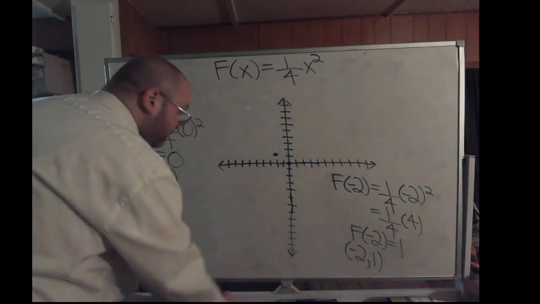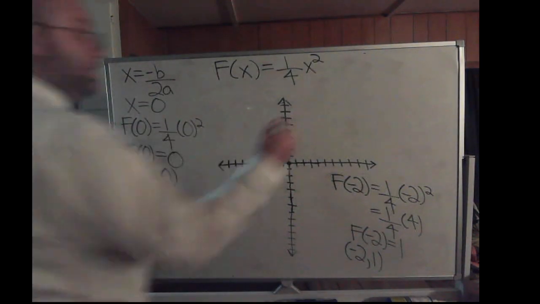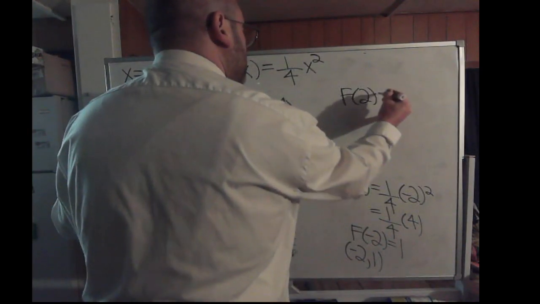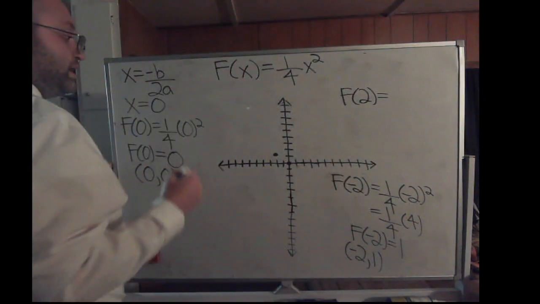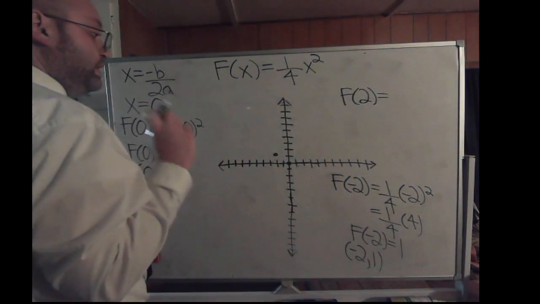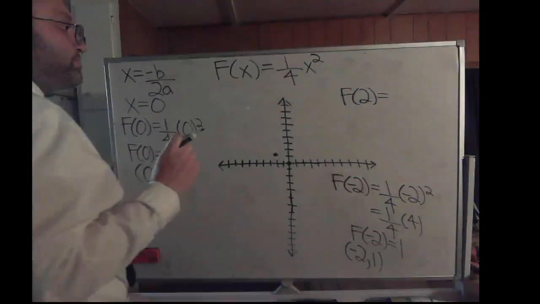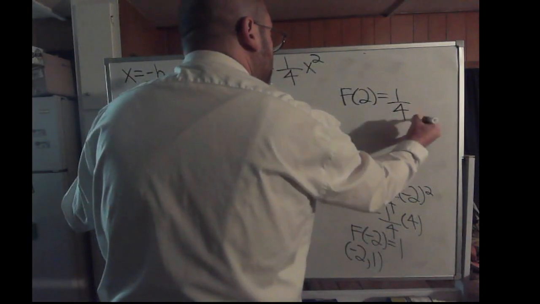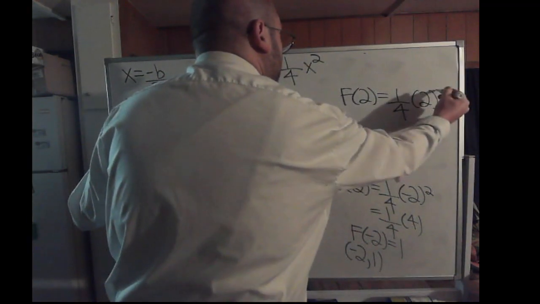Now, let's put in f of positive 2. So we'll do f of 2. That'll equal 1/4 times 2 to the second power.